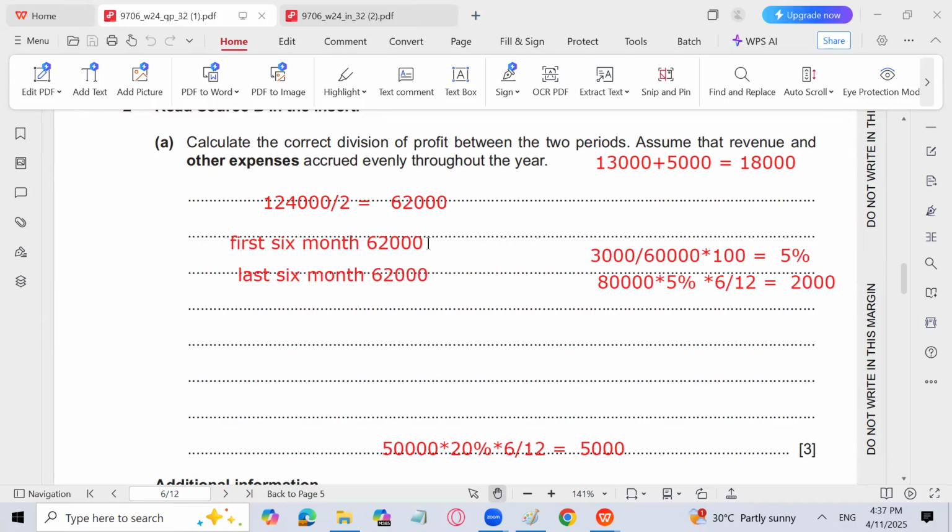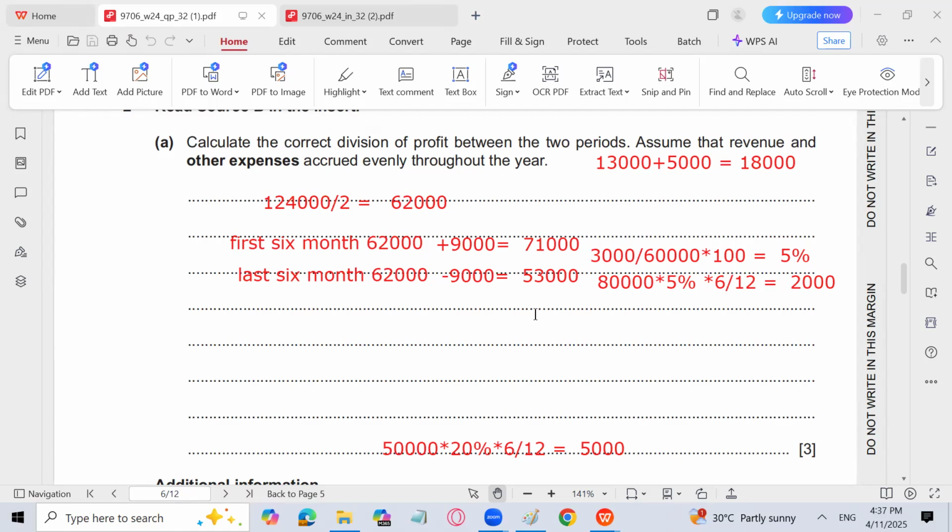So we have subtracted 9,000 more from the first 6 months, which needs to be added, and the answer is going to be 71,000. And we have subtracted 9,000, but it should be 18,000. So we subtract 9,000 more, and it will become 53,000. So now this is going to be the correct division of profit between the two periods.